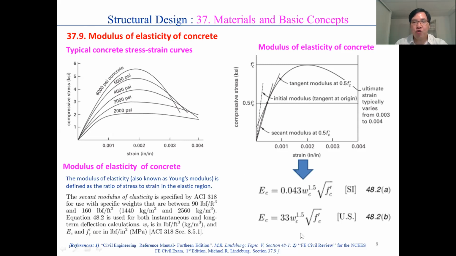And I show you in this slide two equations for calculating the secant modulus of elasticity of concrete. The first equation is valid for the international system units, and the second equation is valid for the United States units.